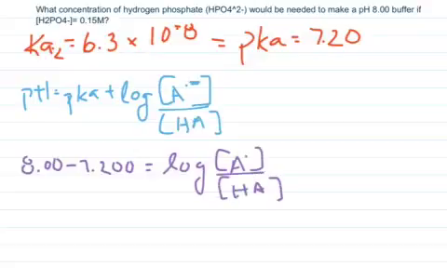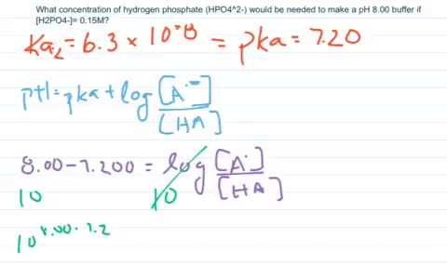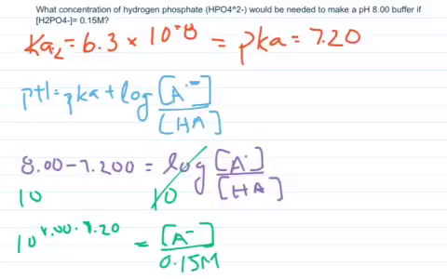Now this H2PO4 minus I know is my acid because it has more hydrogens and fewer negative charges than the hydrogen phosphate. So I'm going to plug that in after I take the 10 to the power to get rid of the log. So I have 10 to the 8.00 minus 7.20 is equal to my base all over the concentration of my acid.